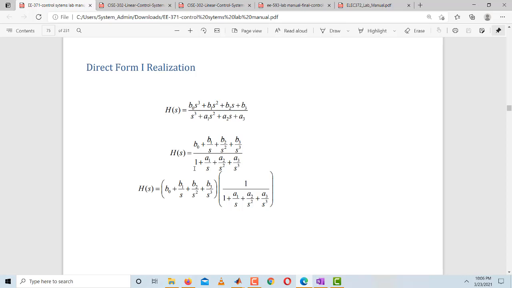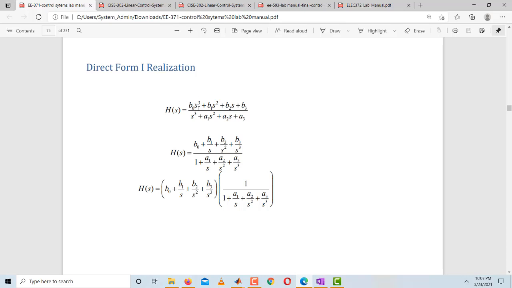So what we have to do is make the first term in the denominator equal to 1, for which we are dividing all these terms by s raised to power 3. So it makes it a1 by s, a2 by s square, and a3 by s cube. And we have to make the first term in the numerator free of the variable s.